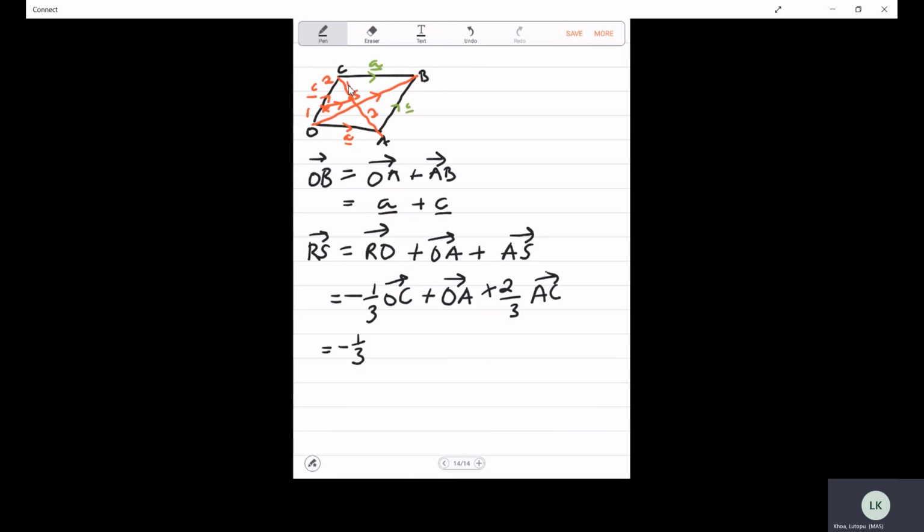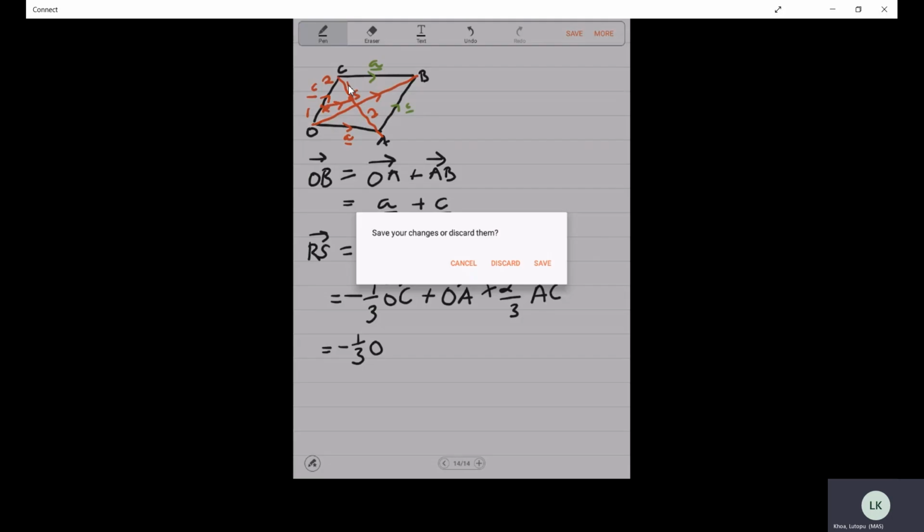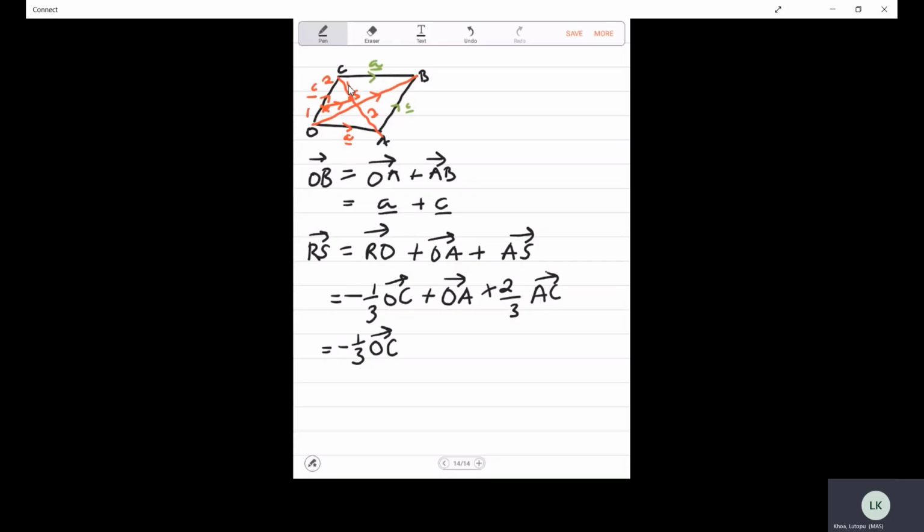This is -1/3 OC, only because I want to do the substitution all at once in the end, plus OA plus 2/3 AC. Now from A to C, I must go from A to O and then from O to C. So this is negative OA, because it's in the opposite direction of AO, and then go from O to C. So now I will make the substitution.